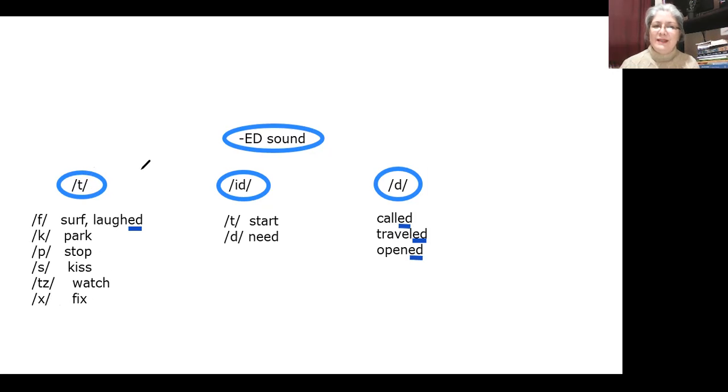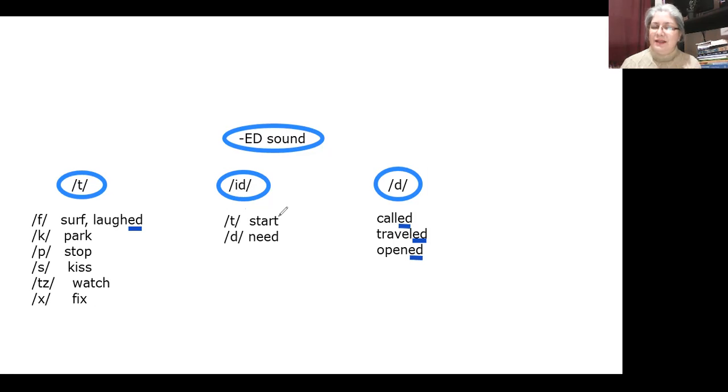Okay, so this is how we pronounce the ed sound in these cases. But there is another way to pronounce the ed sound. We can pronounce it like this: id. And when does it happen? When the verb finishes with the t sound or the d sound. For example, start.